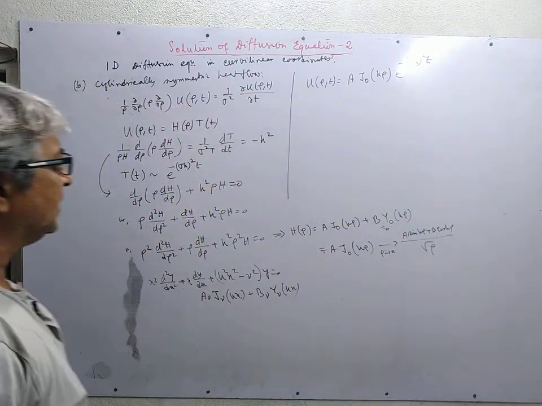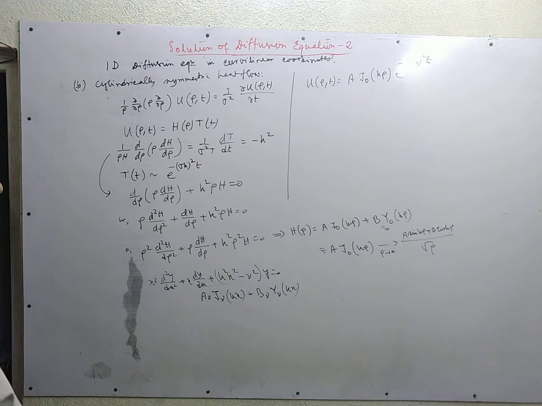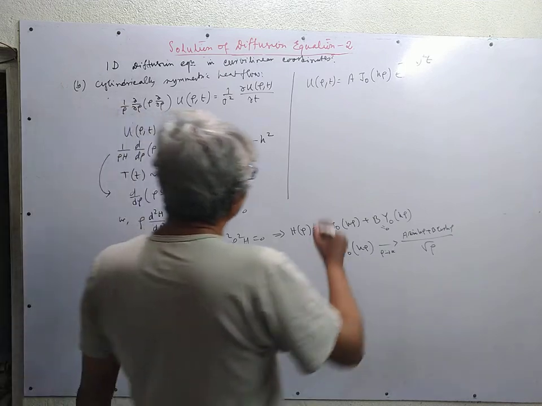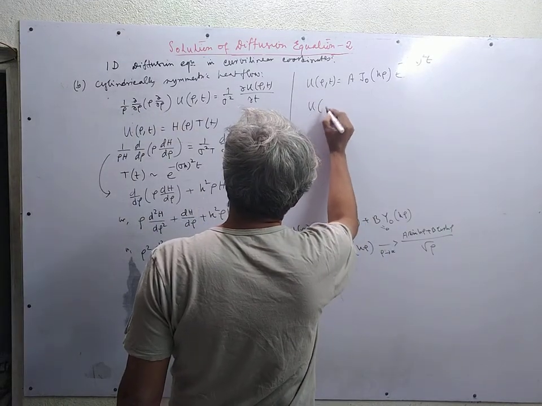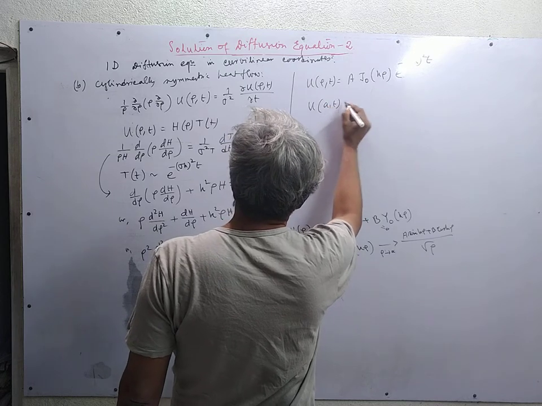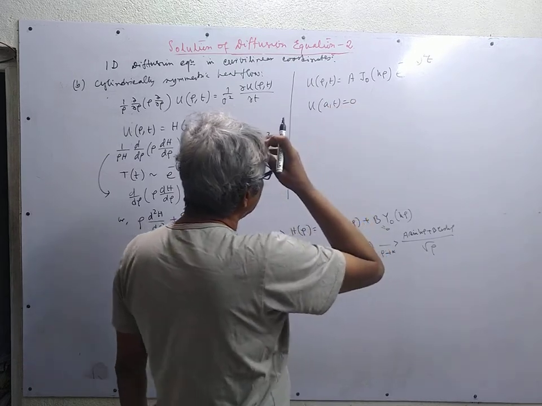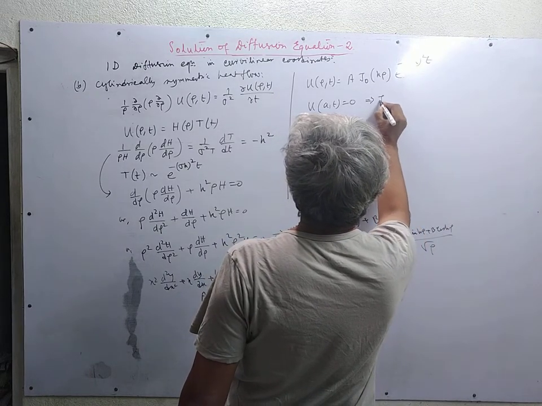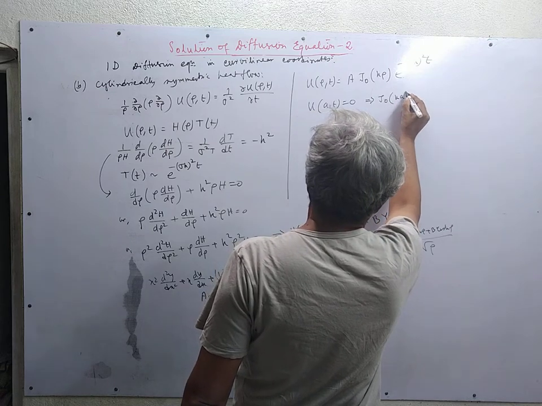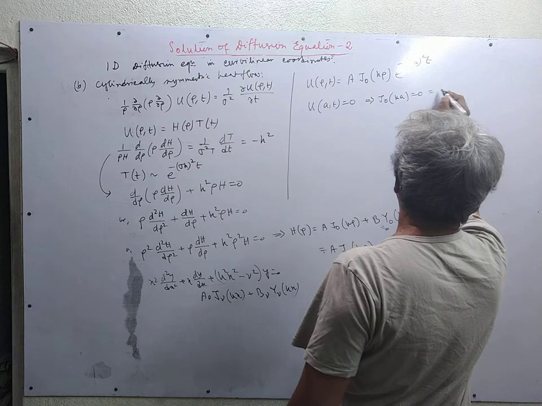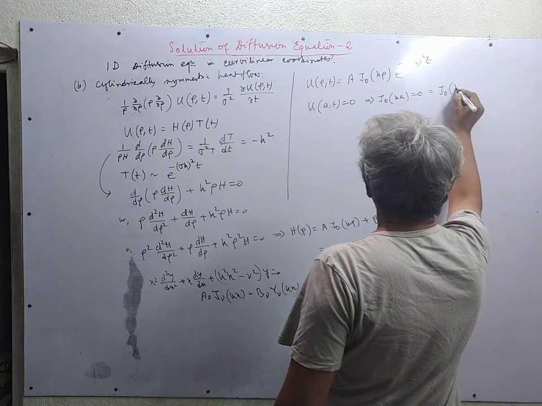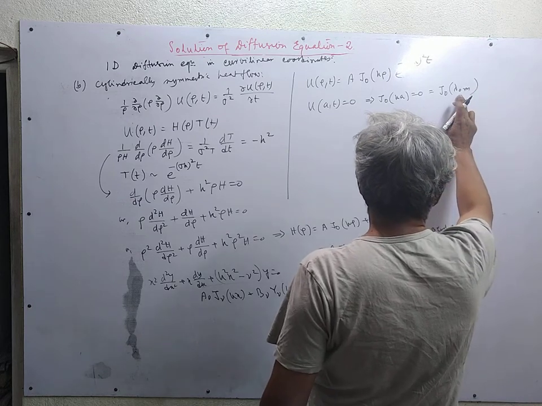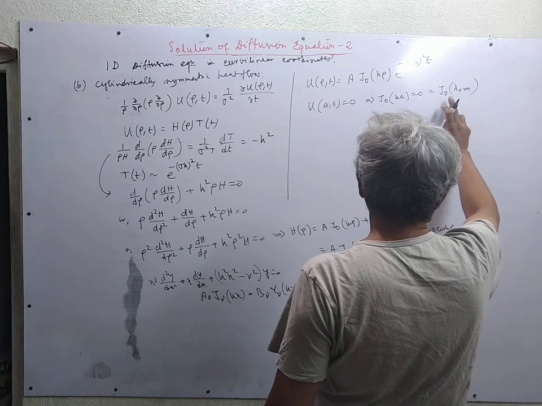Now if we have a situation that u at rho equal to a is equal to 0, then this means that J0 of ka is equal to 0, which is equal to J0 of lambda 0m, where lambda 0m is the mth zero of J0.